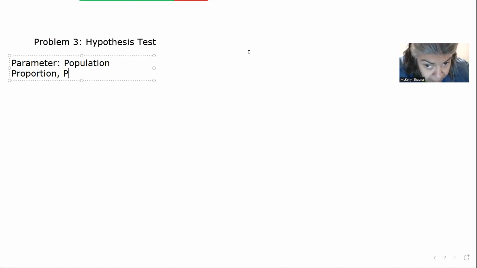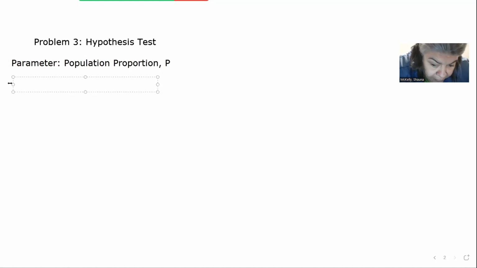All right. Then we're going to see what your claim is. So your claim here is that there is no difference. So the proportion 1, and this is H0. Proportion 1, because there's no difference, that means they're the same.